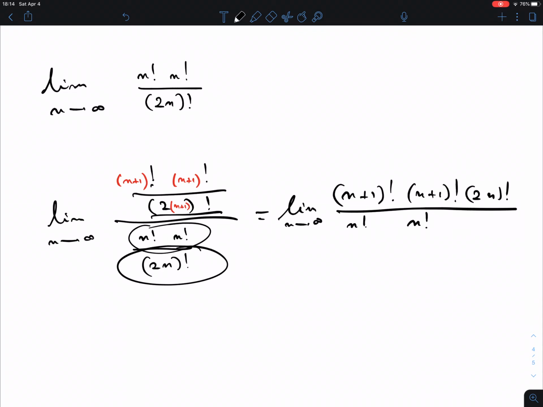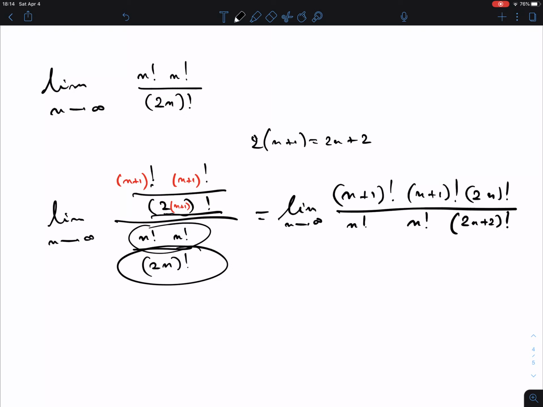What is this now? You might have thought it's 2n plus 1. No, it's 2n plus 2 factorial. Work this out: 2 times n plus 1 is 2n plus 2. So be very careful. I said replace n by n plus 1. That means that 2n is replaced by 2n plus 2, not by 2n plus 1.